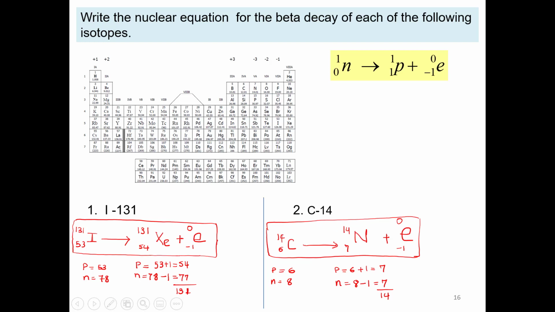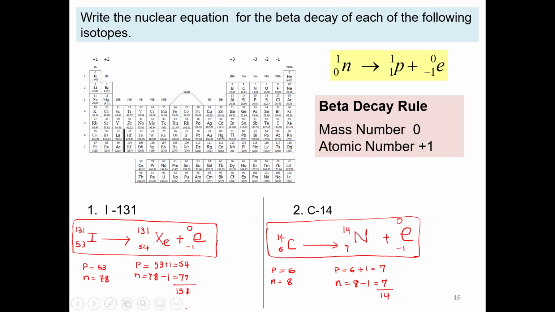The mass number is the same, but the number of protons is increased by 1. We can apply this rule if we are solving problems related to beta decay. Then in this case, the mass number doesn't change, but the atomic number increases by 1.